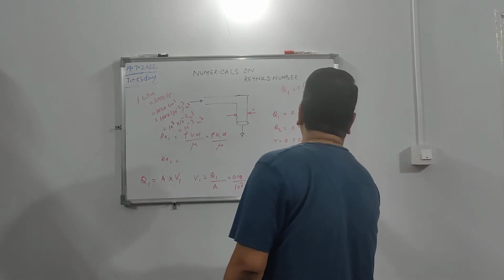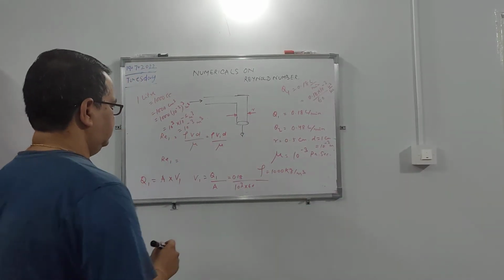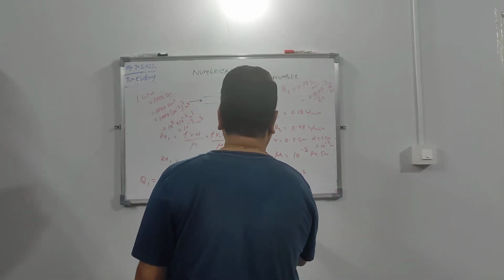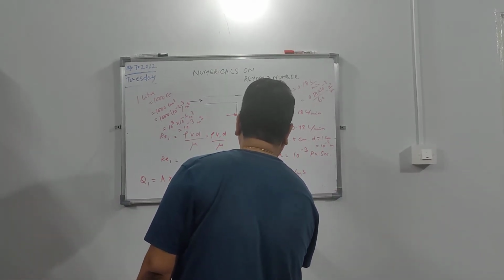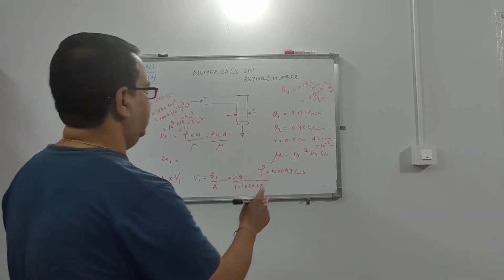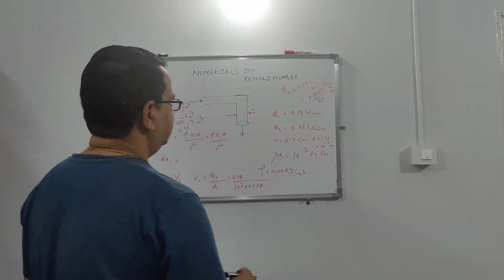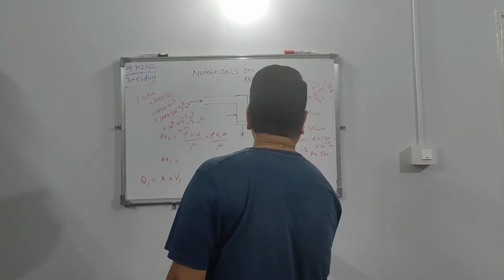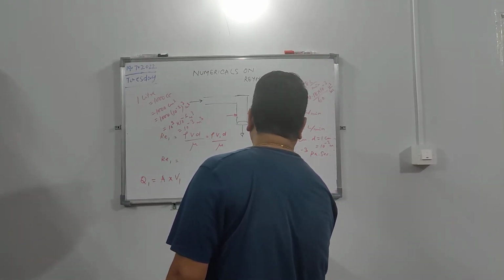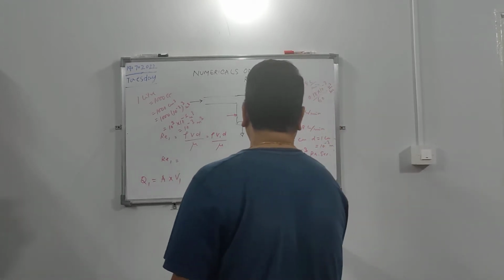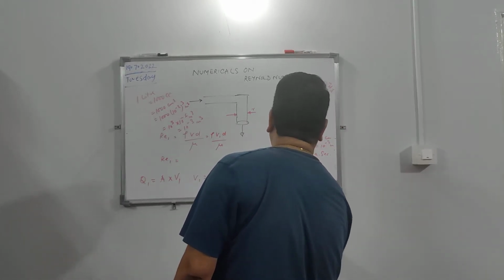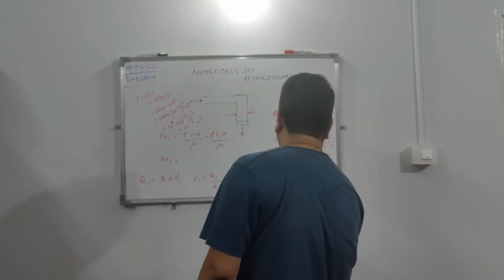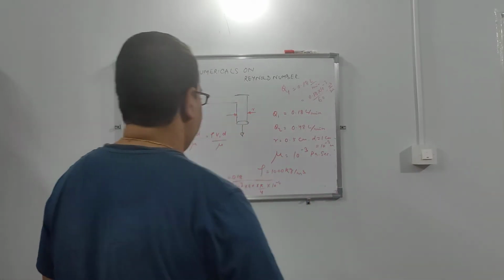So my area is pi r square, which becomes pi by 4 d square. So this becomes pi by 4 into 10 to the minus 4 meter square.